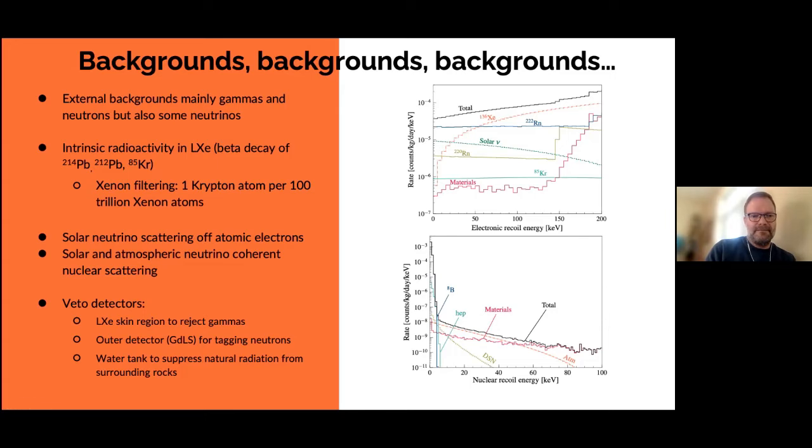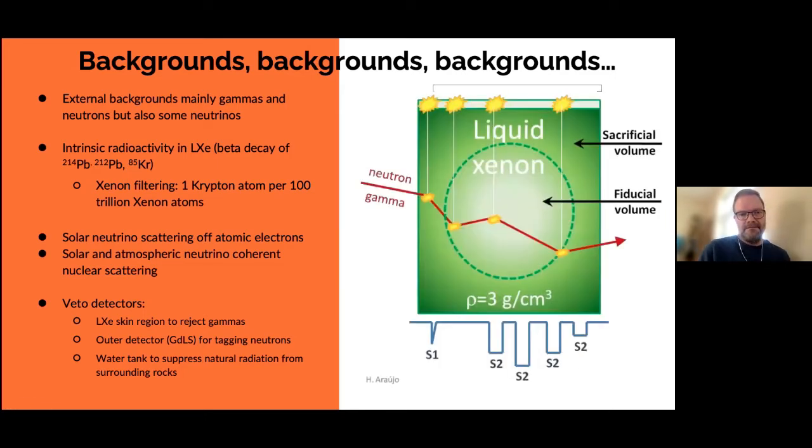And for all these reasons, we have our veto detectors, because at least for the external sources, to get into the liquid xenon, they have to pass our outer detector and the skin detector. What would happen is that they normally scatter multiple times. And so you can time correlate the signals you see in your veto detectors with a possible signal inside the detector.